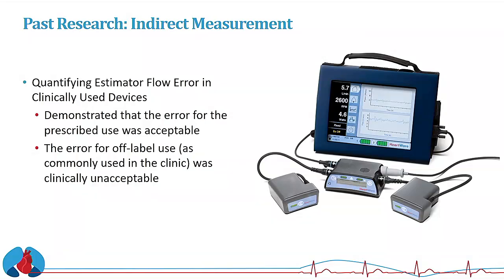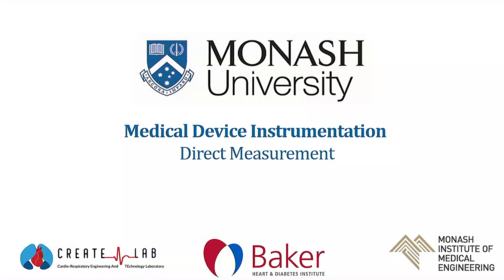They say, okay, this is the flow. They know there's some error in it, but they may not know exactly how big that error is. So if a doctor is trying to make a medical decision based on this estimator, which is way off, then obviously there's a problem there. So that's a bit about what I've done in the past.